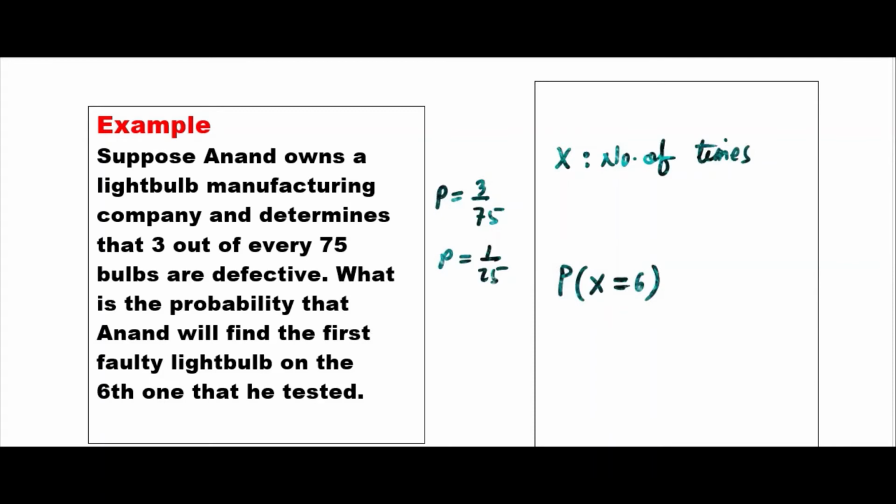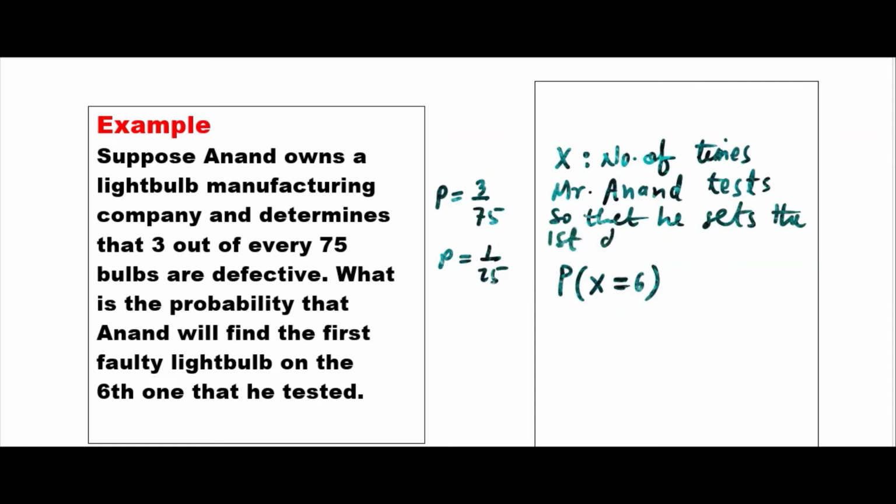Write X as the number of times Mr. Anand should test so that he gets the first defective.